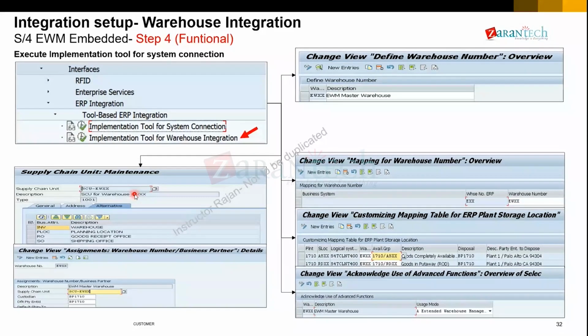Both of them we assume are in the same address or in the same region or time zones. But in the case of single plant multi warehouse, then it's slightly tricky. We need to have two supply chain units created. Maybe we have the advantage or flexibility in having two different addresses for those warehouses.